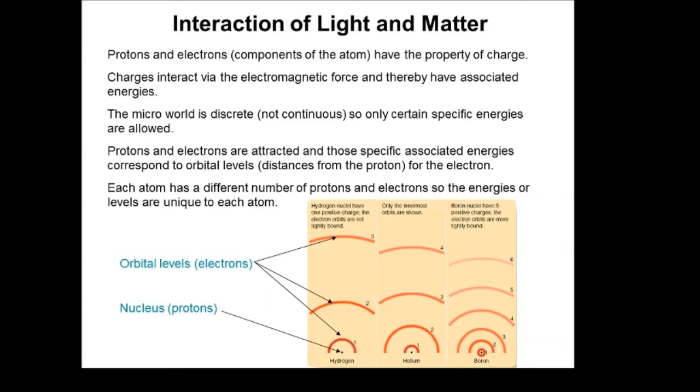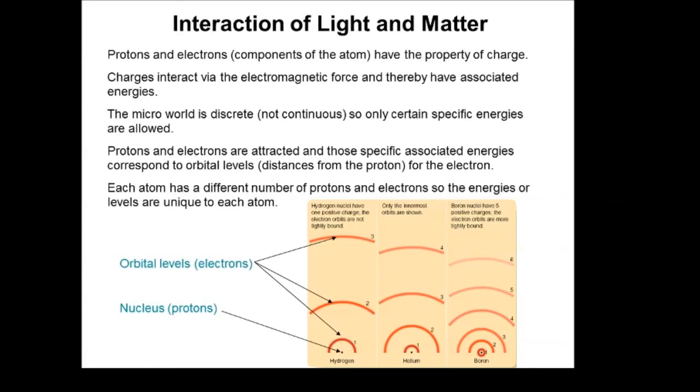So the electron, being much less massive, will be sort of in an orbit about that nucleus where the protons are. But the electron is not free to be wherever it wants to be. The electrons are restricted to particular distances and energy in the atom.